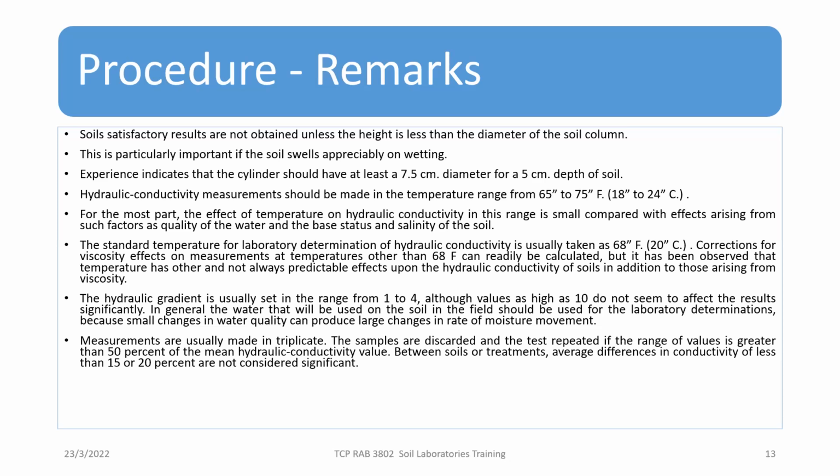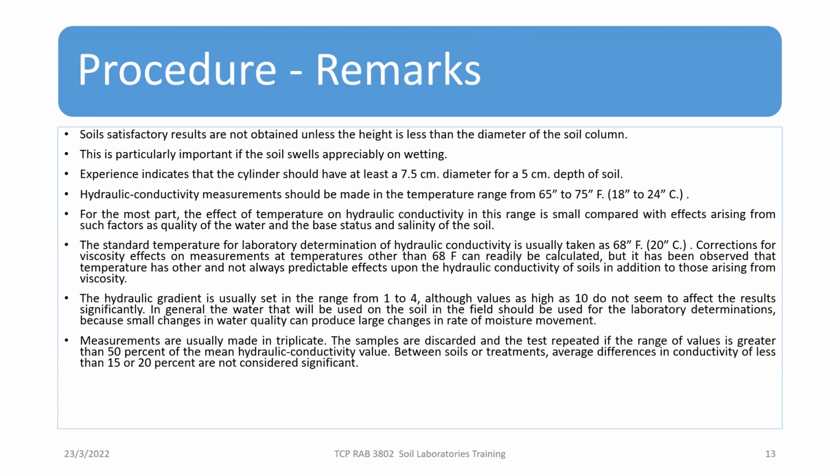And this is particularly important if the soil swells appreciably on wetting, and this of course applies to clay soils. Experience indicates that cylinders should have at least a 7.5 centimeter diameter for a 5 centimeter depth of soil.